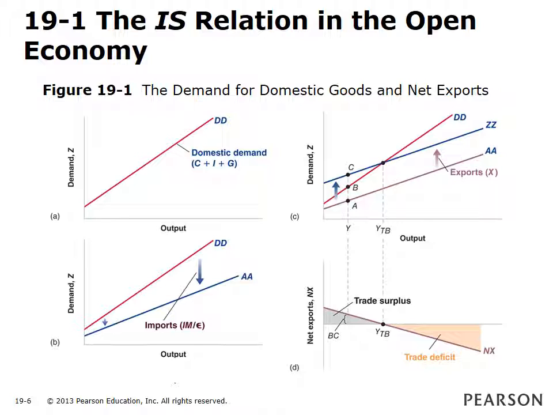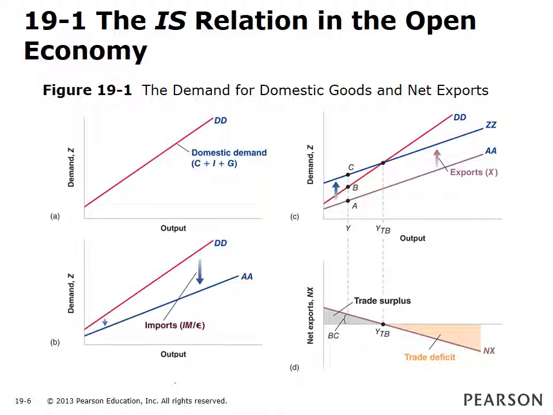Figure 19-1D is derived from Figure 19-1C and shows the relation of net exports to output. For example, at output level Y, exports are equal to the distance AC and imports are equal to the distance AB. Thus, net exports are equal to the distance given by BC. The distance between the lines AA and ZZ gives exports, and the distance between the lines AA and DD gives imports. Where lines DD and ZZ cross, there is trade balance.